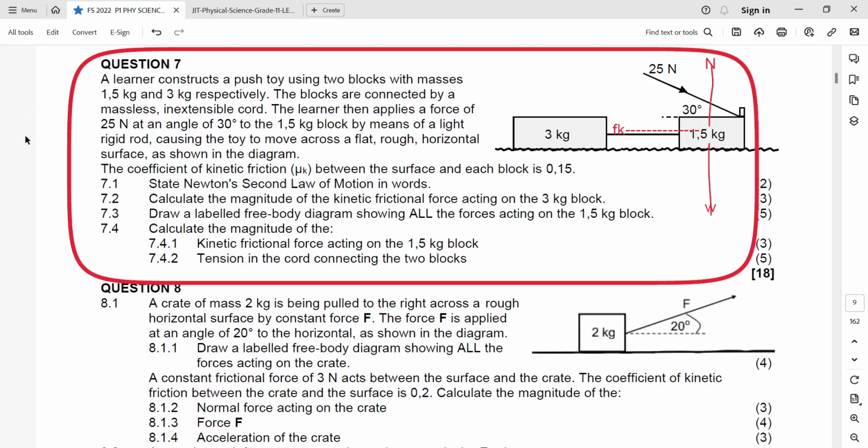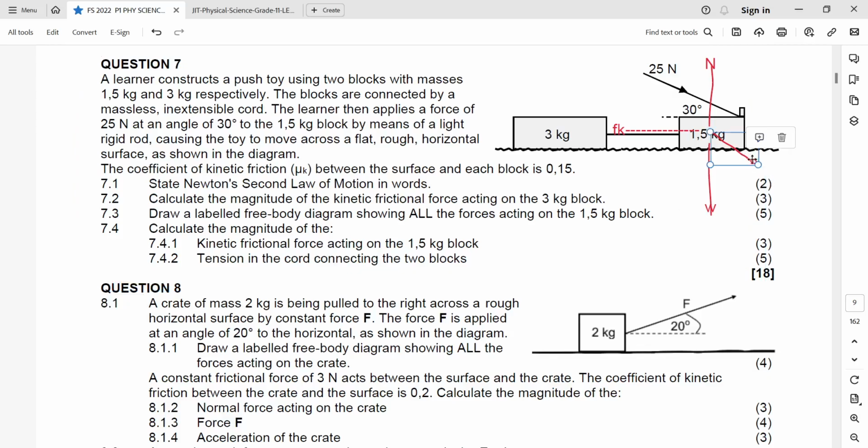The applied force has to be in the same direction where it's applied. So from the object, I will draw a line in this way. Let me move it up so that it can fit. Okay, now that's the free body diagram.